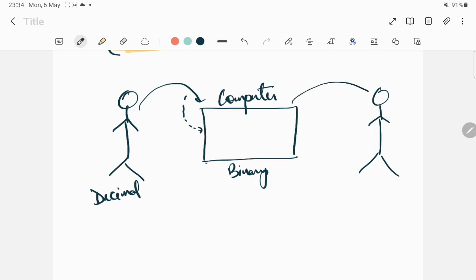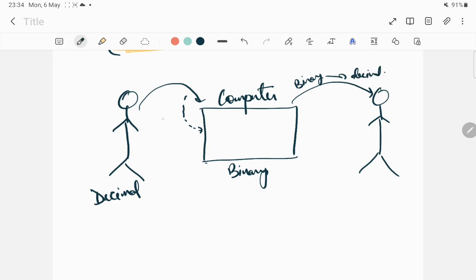When the computer interacts with the human, it will give out the information in terms of binary codes only, which is not at all understandable by humans. So in that case also, binary to decimal conversion has to be done.